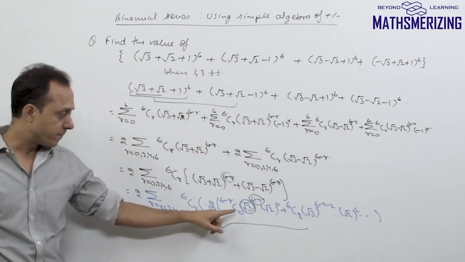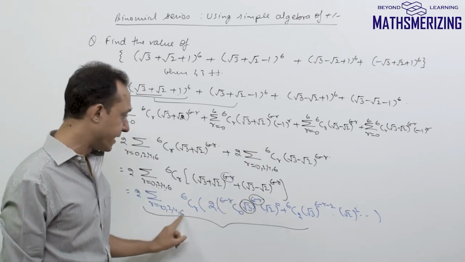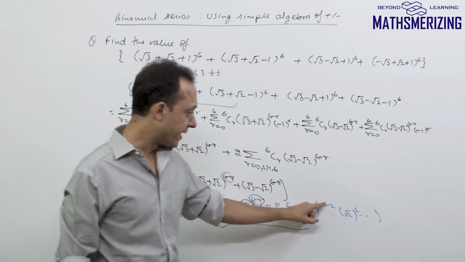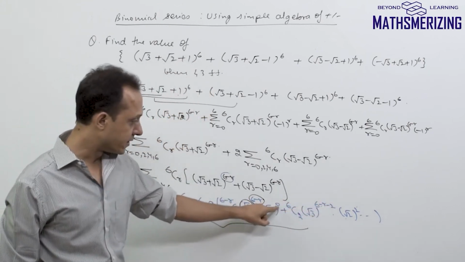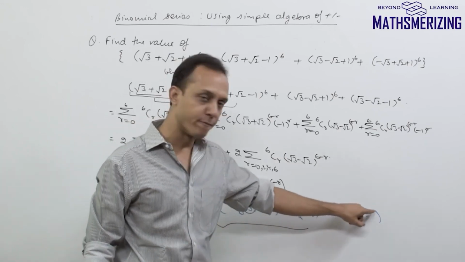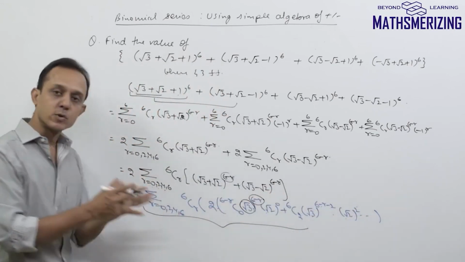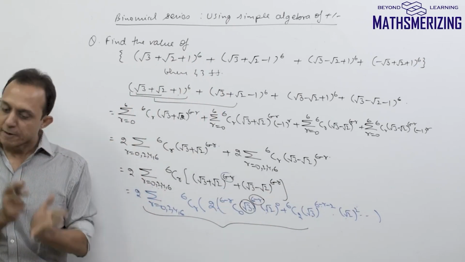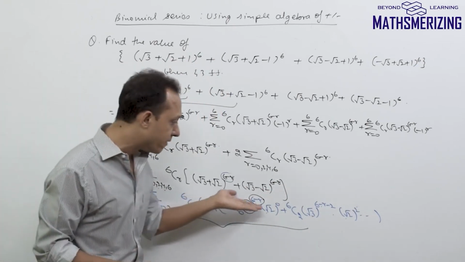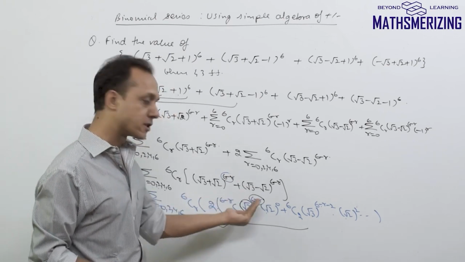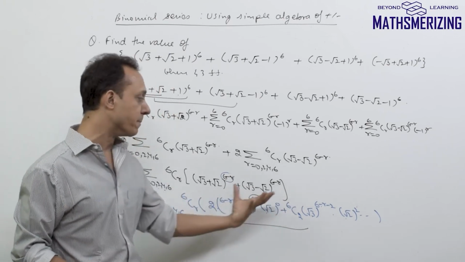Now when I look at this series, root 3 to the power 6 minus r is an even number, so 6 minus r is even, 6 minus r minus 2 is even, root 2 to the power 0 is even, power 2 is even, power 4 is even. So every time I'm getting a square root, I'm getting it with an even power. So when I'm getting square roots with even power, I know there'll be no irrational terms in this expression. All the terms will be simply integral.